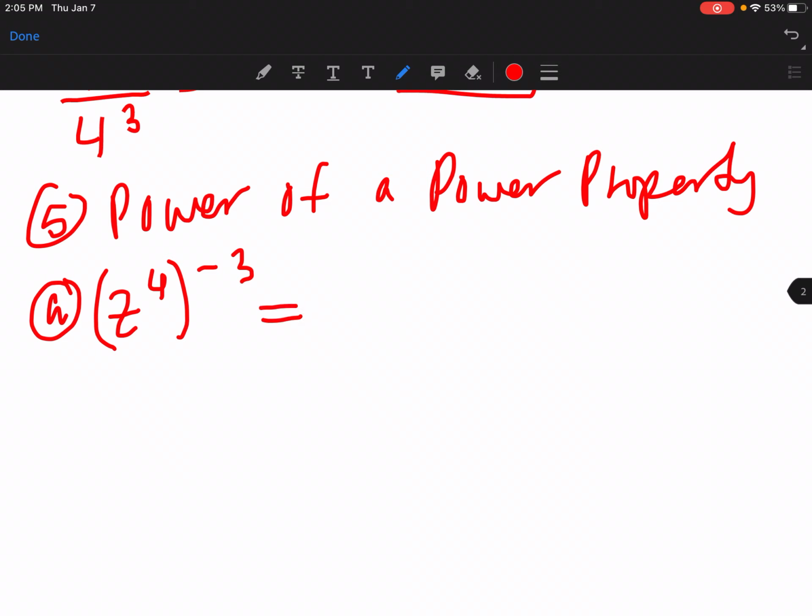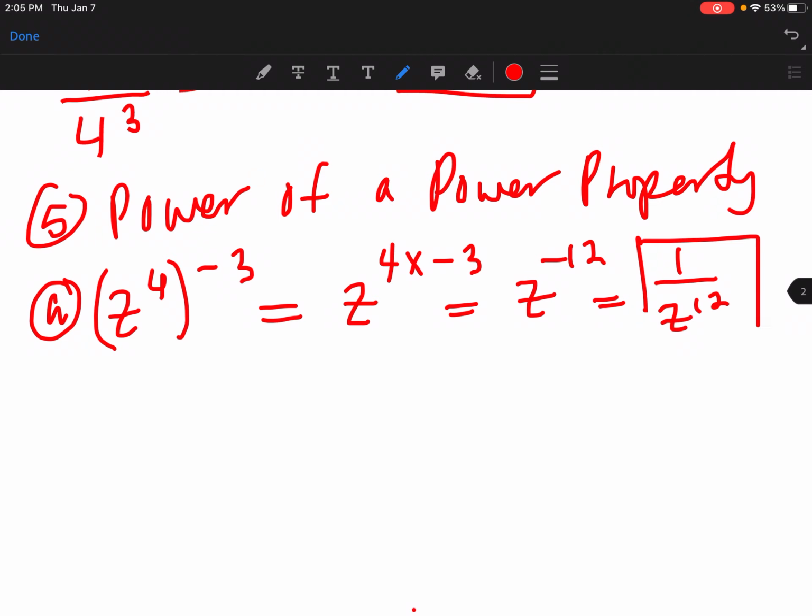If I have z to the fourth of negative 3, I have a power and another power. When that is the case, the power of a power property says that I will need to multiply the two powers together so that I have z to the negative 12. Again, we cannot have a negative exponent, so we need to rewrite this as 1 over z to the 12th power.